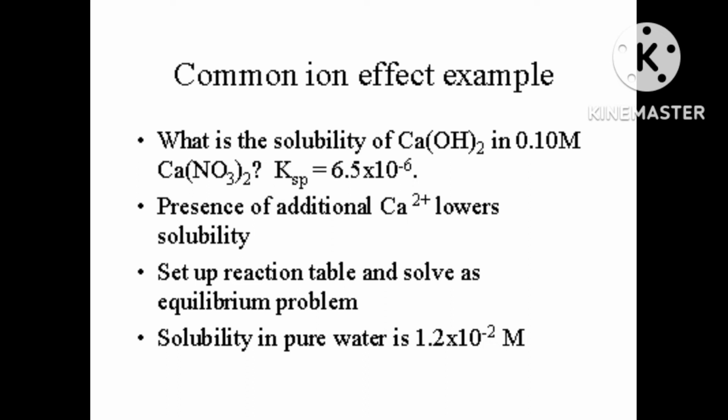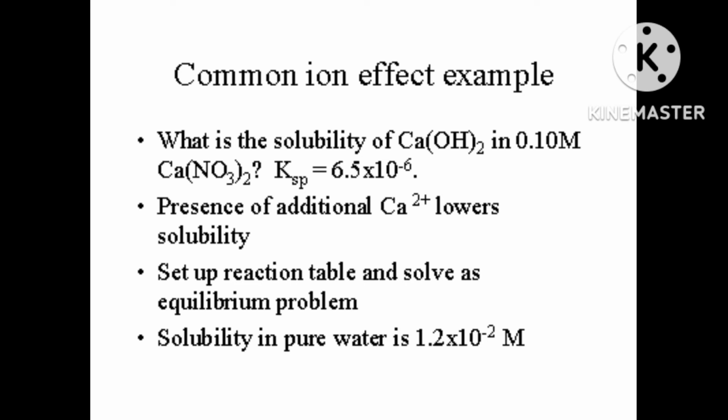The Ksp values of two sparingly soluble salts, nickel hydroxide and silver cyanide, are 2 into 10 to the power minus 15 and 6 into 10 to the power minus 17 respectively. Which salt is more soluble? Explain it. Then they have given the solubility product of two sparingly soluble salts.